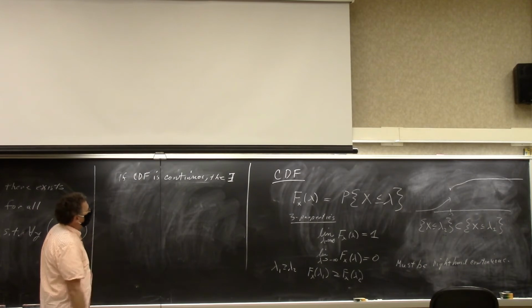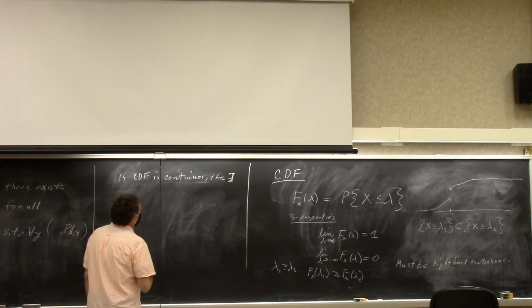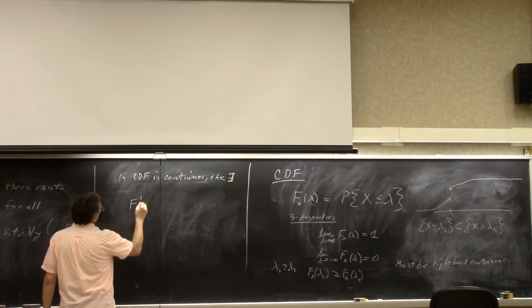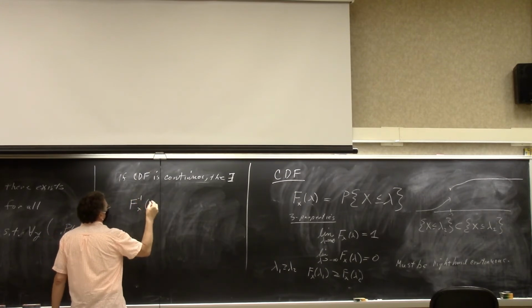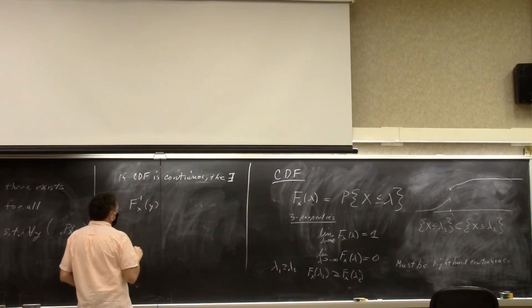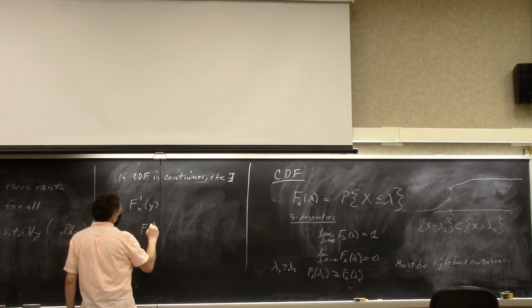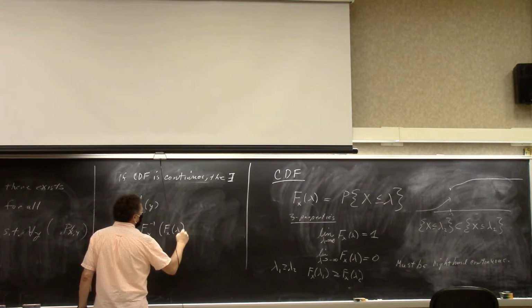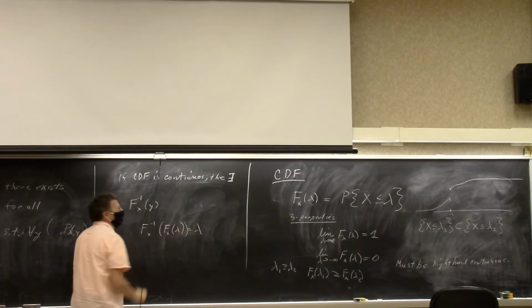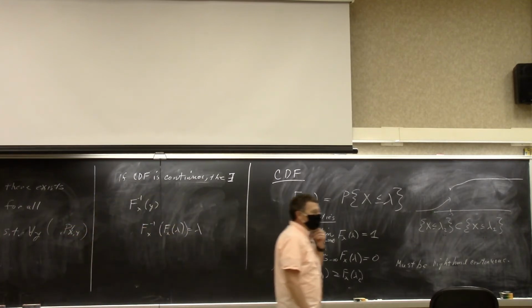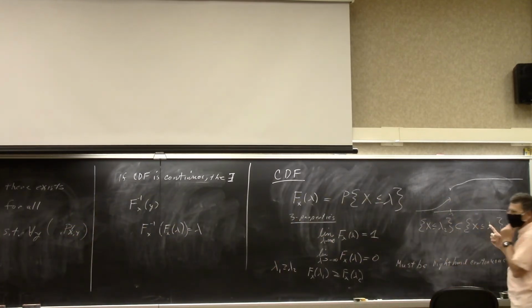Okay, so if the CDF is a continuous function, then there exists a function f inverse x of y. In other words, you can't always invert every function. But if a function is continuous and monotone increasing, then you can invert it, okay?